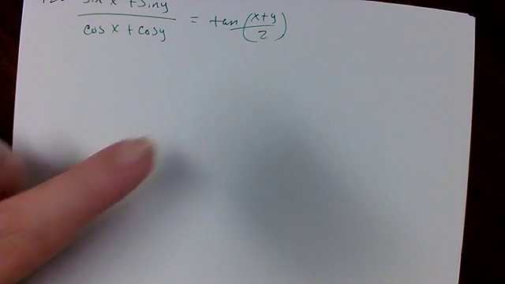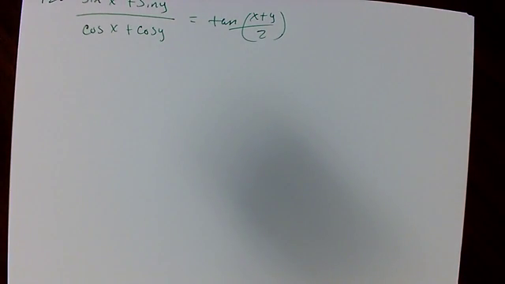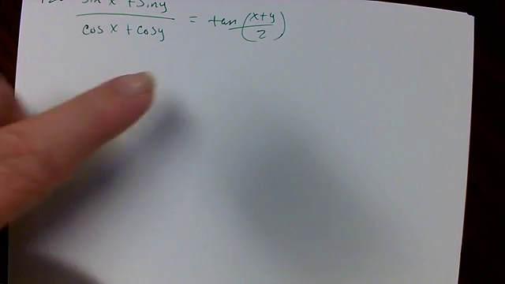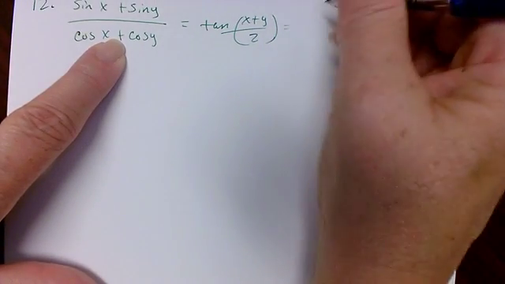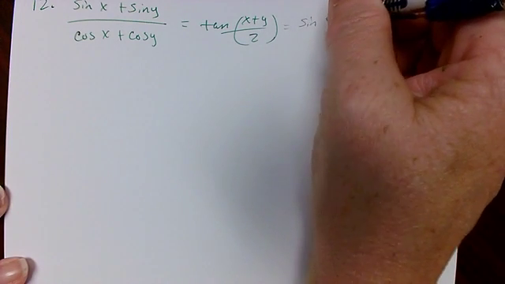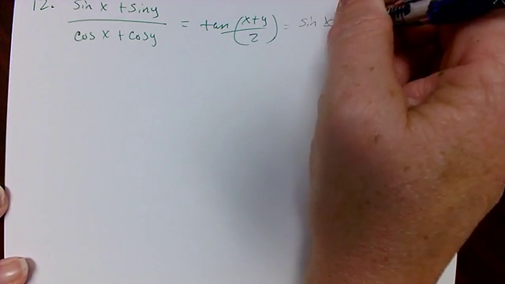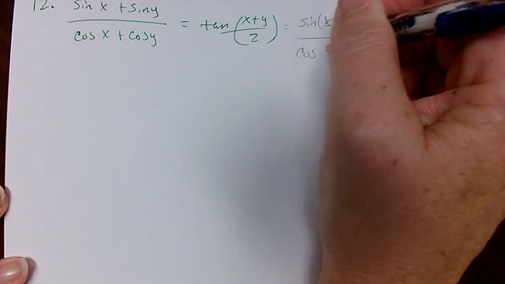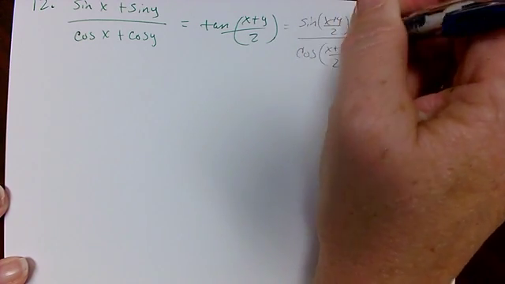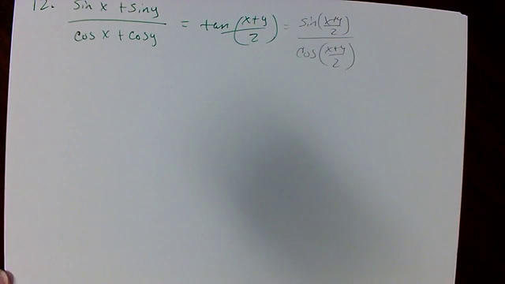So again, we're using our sum to products. And again, our more difficult side will be where the sum is. We're going to rewrite this as the sine of x plus y over 2 over the cosine of x plus y over 2. So we know how we are headed here.